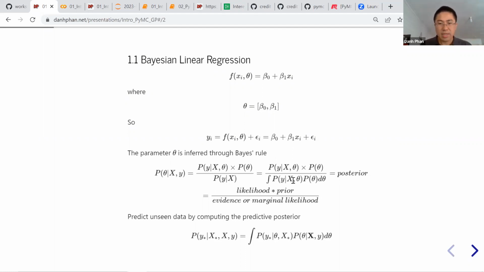This sounds complicated, but actually in a package like PyMC, what we need to do is just specify the prior for theta and then specify the likelihood. After that, PyMC can do the sampling and calculate the posterior.